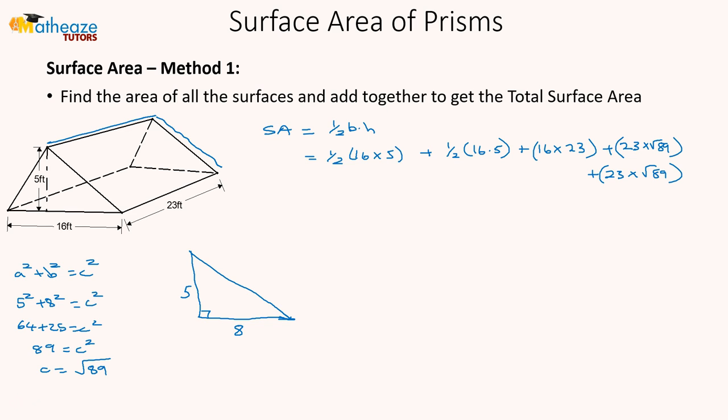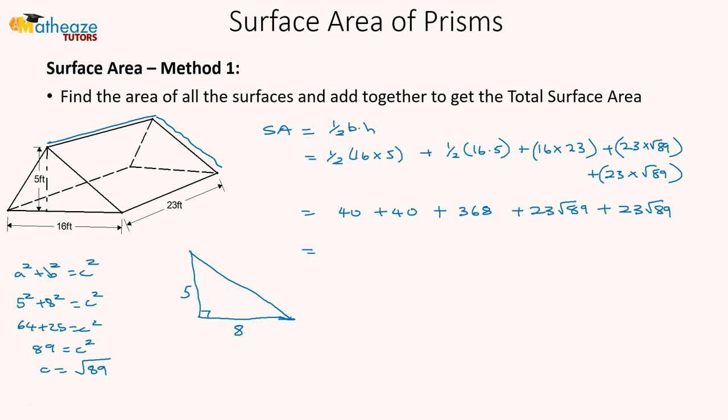Okay, so now what we have here is half of 16 times 5, which is going to give us 40, plus 40, plus 16 times 23, which is 368, plus 23 square root of 89, plus 23 square root of 89.